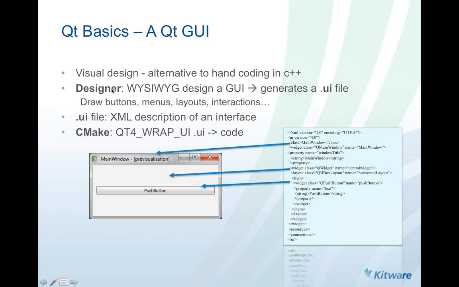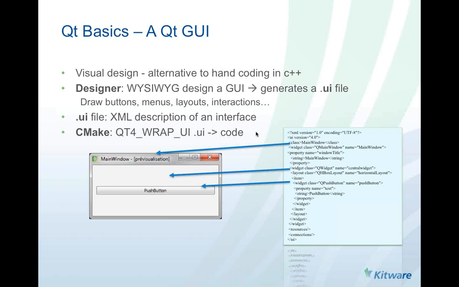Designer, which I'll show you in a second, is a visual editor in which you lay out the widgets, and then when you click save, it writes out a UI file containing all of the widgets that you've laid out. The UI file is just an XML description, so it's just a text file which says what each widget is and where it is and how they're related to each other. And then in your CMake project, you use the macro Qt wrap UI, which will turn this XML file into compilable code.